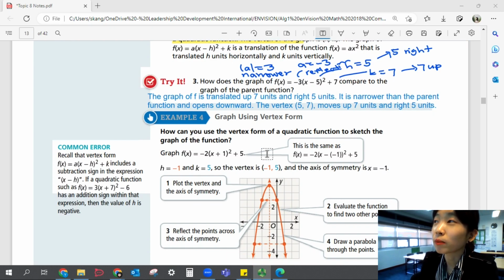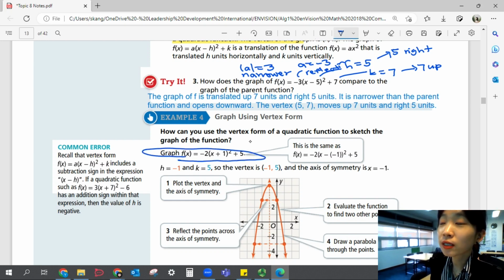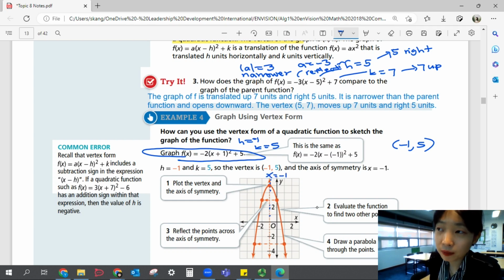So look at this form. f of x is equal to -2 times (x plus 1) squared plus 5. You can easily see that H is -1, sorry. K is 5. That means your vertex is (-1, 5). Easy. So you start with (-1, 5), and you know that the axis of symmetry is going to go through your vertex, which is x equals -1.